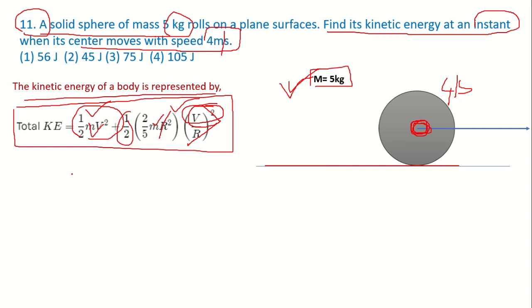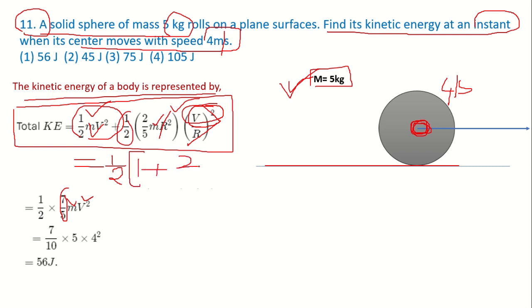The remaining is half into 7 upon 5 mv square, that is 1 upon 2 into (1 plus 2 upon 5). If you take this 5 to this side, it will become 7 by 5. So 7 by 5 mv square, and half we have taken already common.